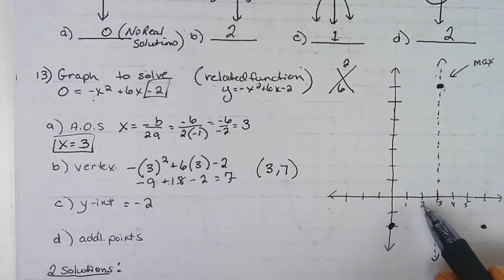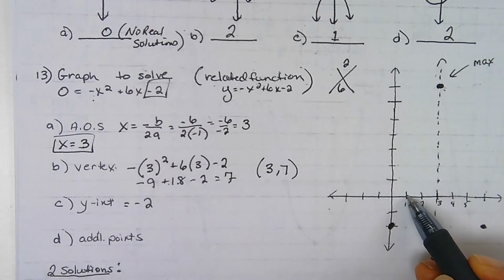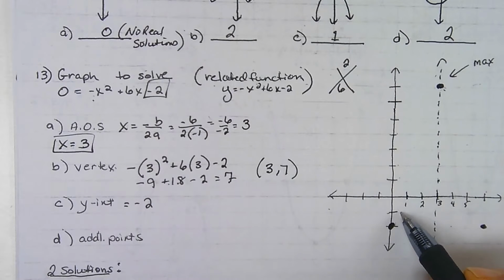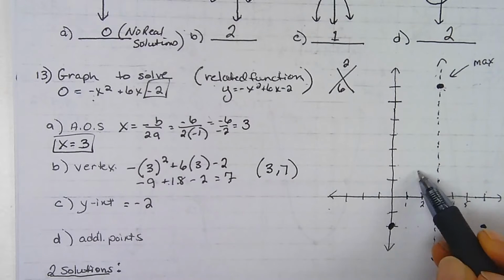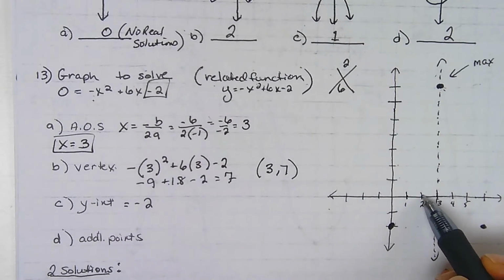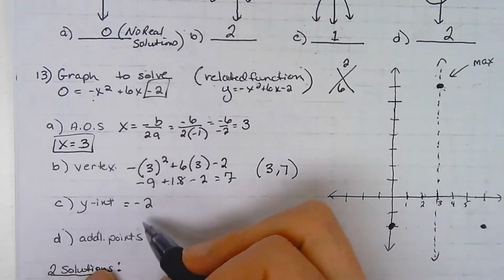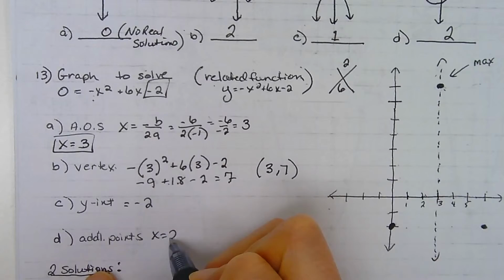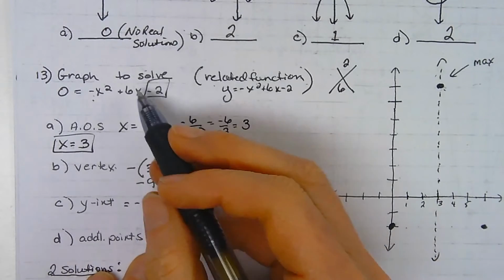I'm going to put in 2, because if I put in 1, I'm afraid it might be down here somewhere, and if it is, it's not going to help me get across that x-axis like I'd like. So I'm going to choose 2. So the additional point here is going to be when x equals 2. Let's put it into the function.